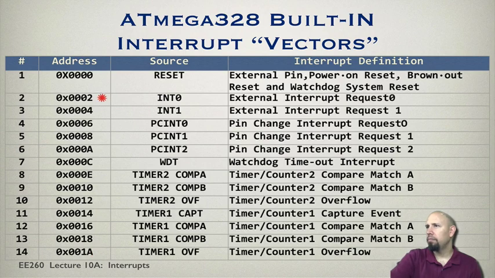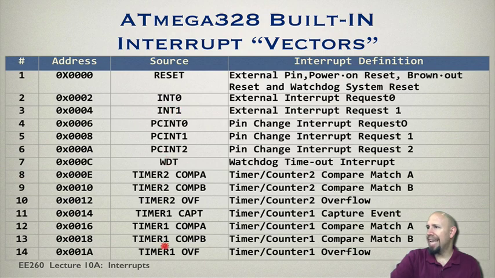They're 2 apart because it's a 16-bit address. It's a jump to an address, and that takes 16 bits to do that instruction. And these are the various types of interrupt vectors we have to work with.